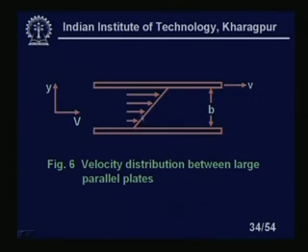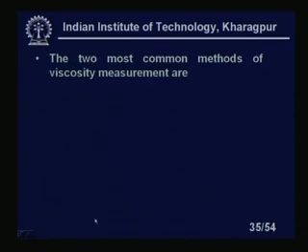So, slowly you will find that the velocity distribution will look like this. This is highest, this is low, and the liquid in contact with this stationary plate will be stationary. All this velocity we are measuring with respect to the stationary plate. At the top this will be the highest.